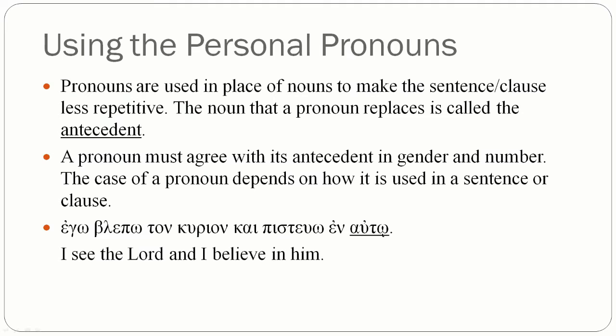In order to find the antecedent, then, we are looking for a word that is masculine or neuter, and it needs to be singular. It must agree with its antecedent in gender and number. The only word that fits those categories is the word kurion, ton kurion. It is masculine and singular. So therefore, there is your antecedent, kurion.